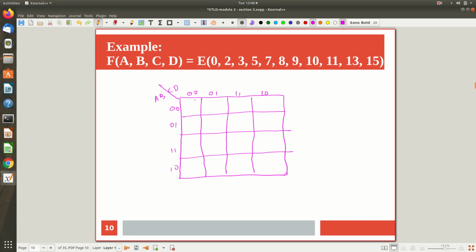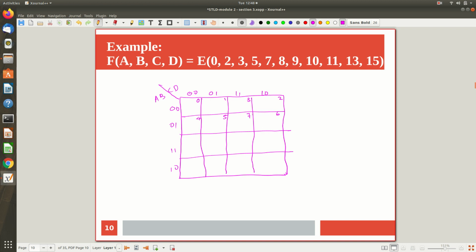Now the terms are like this: minterm 0, minterm 1, minterm 2, minterm 3, minterm 4. Why should I write like this? I can just write the numbering, that is easy, right? Minterm 0, 1, 2, 3, 4. Why am I writing like this?